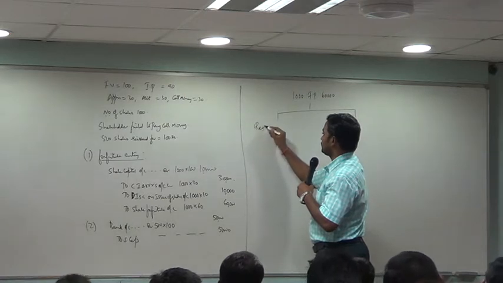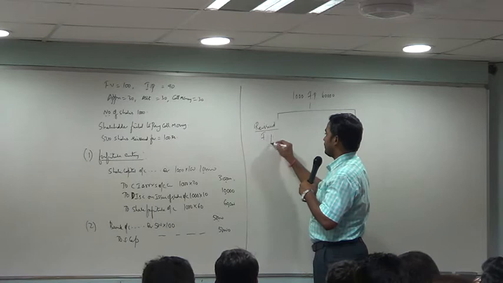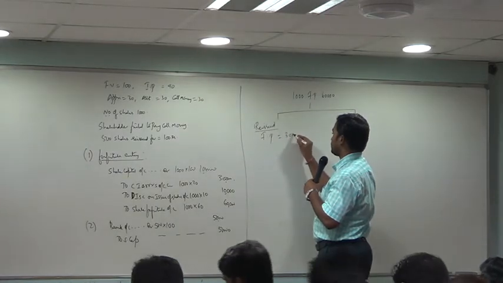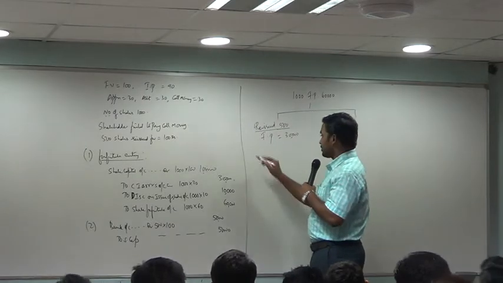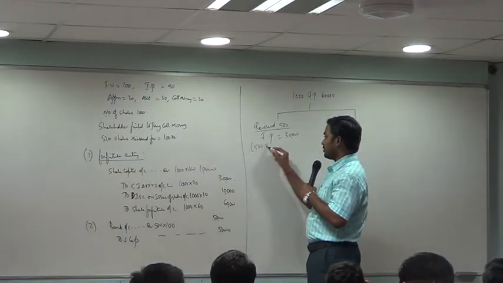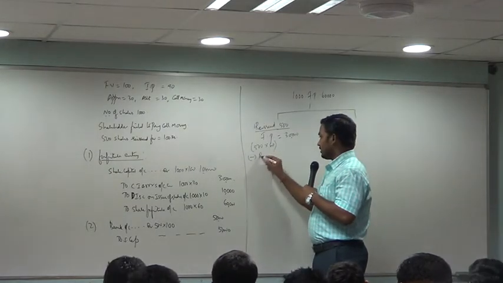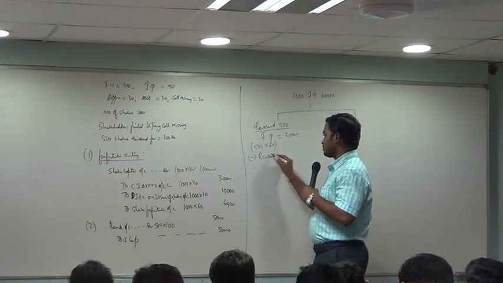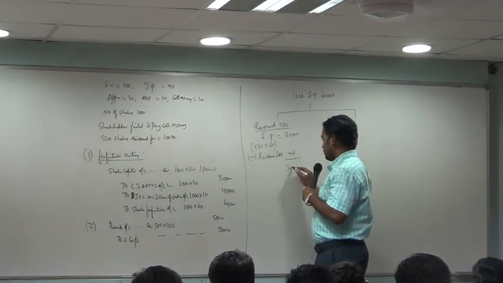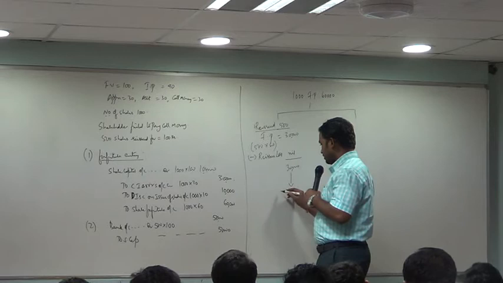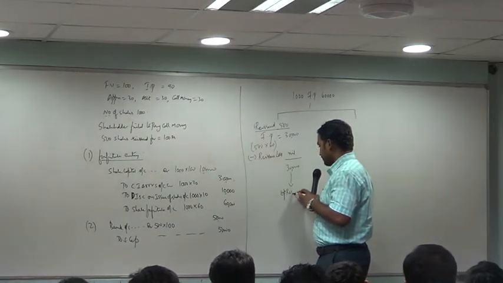Reissued: forfeiture profit 500 into 60, 30,000, less reissue loss, nil. So entire 30,000 should be transferred to capital reserve.